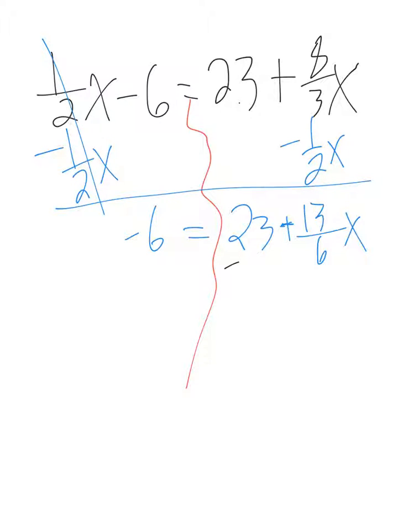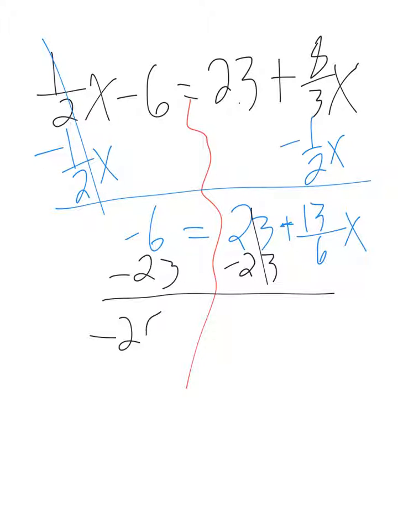So it's a positive 23, so the opposite of that would be -23. And here I have -6 minus 23, so that's going to be -29, and that's going to equal positive 13/6x.